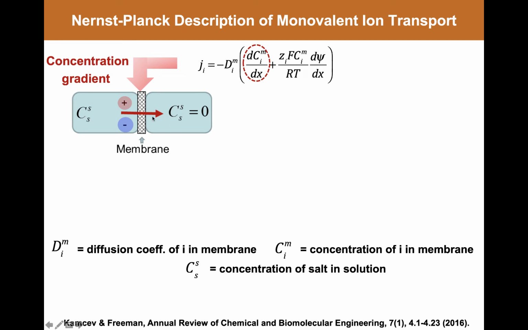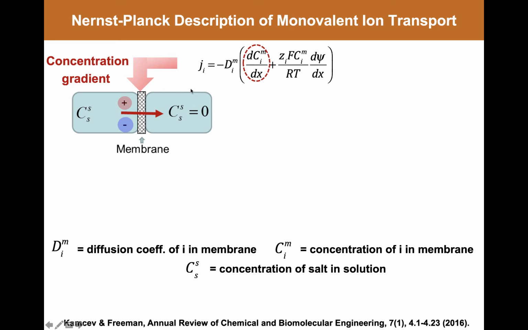One experiment we can do is similar to the osmosis experiment, and that is we put a membrane sandwiched between two aqueous solutions, one which has concentration of salt. CSS is the concentration of salt in solution. And then on the right-hand side, the solution is initially free of salt. And this establishes a concentration gradient in salt to go from left to right.